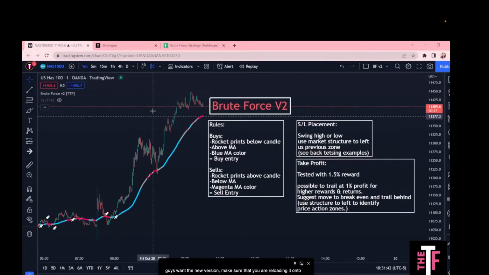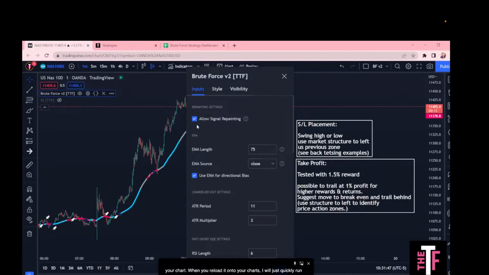When you reload it onto your charts, we'll quickly run through what the settings look like. As always, we have the allow signal repainting. This is optional for you to click on or off. If this is on, that means that the little rocket ship will print even if it does not mean that the signal is sticking.